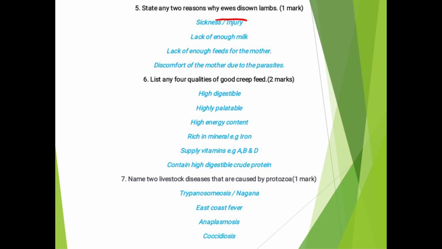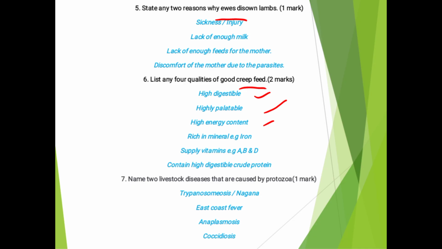Number 6, list any 4 qualities of good creep feed. Now, what is creep feed? Creep feed is that feed given to young animals during the weaning stage. For a feed to qualify to be a creep feed, it must be highly digestible. It should also be highly palatable. That means that it should be appetizing to taste, eye, and even smell.